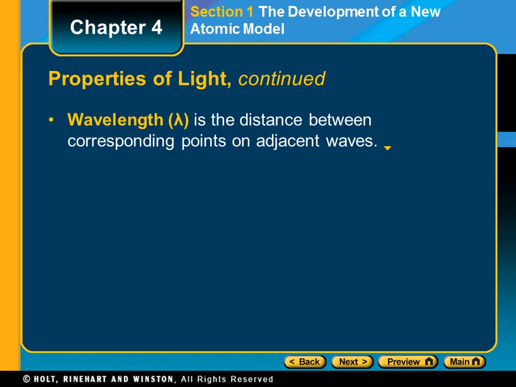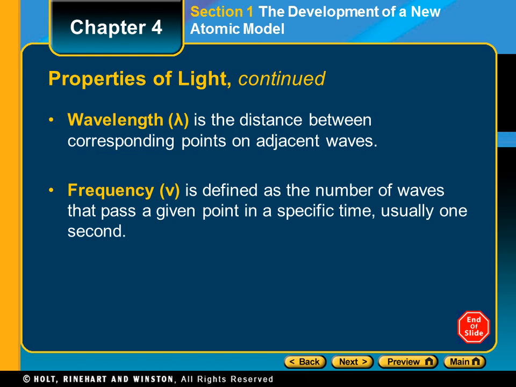But it's the distance between corresponding points on adjacent waves. We also, when we talk about the wave properties of light, talk about frequency, which is defined as the number of waves that pass a given point in a specific time, usually 1 second. Usually frequency is going to be measured in 1 second time increments.